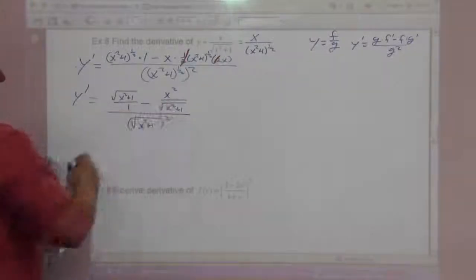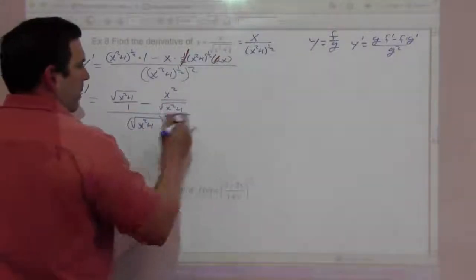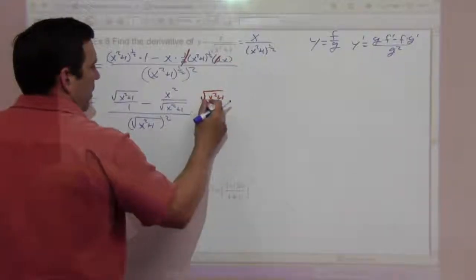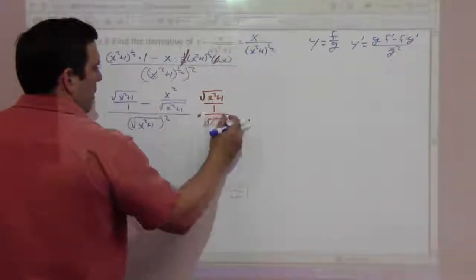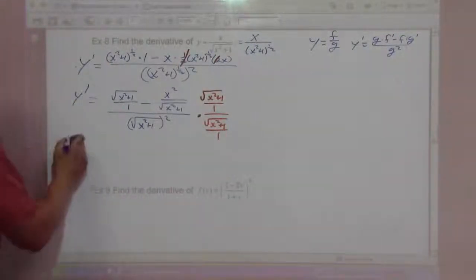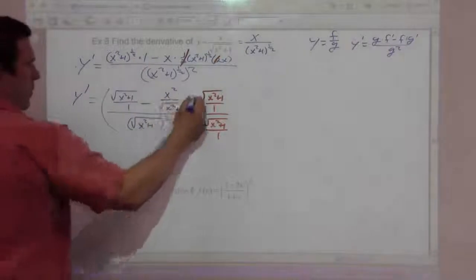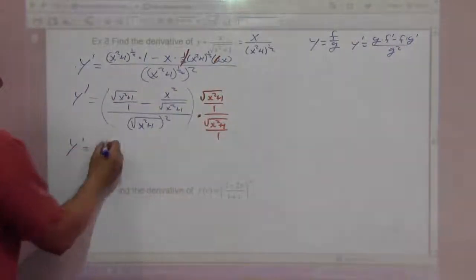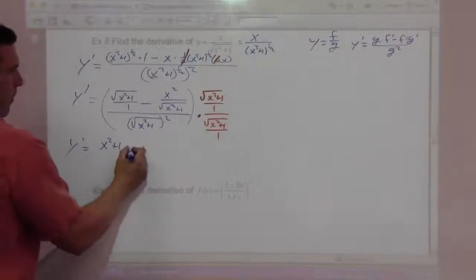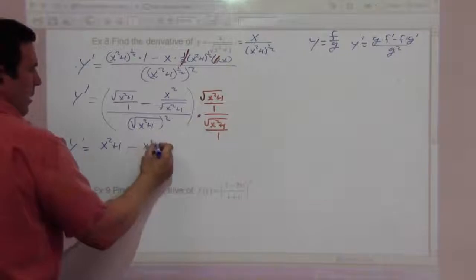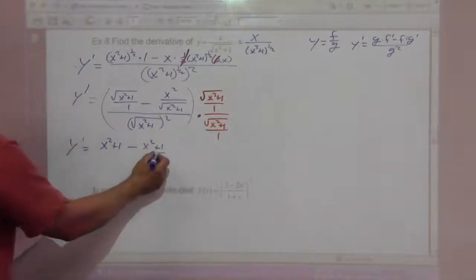Now I'm going to try to get rid of this denominator, so I'm going to multiply by the square root of x squared plus 1 over the square root of x squared plus 1 over 1. So that y prime would become what? Square root of x squared plus 1 times square root of x squared plus 1 is x squared plus 1 minus, these would cancel in the second case, and that's just an x squared plus 1.